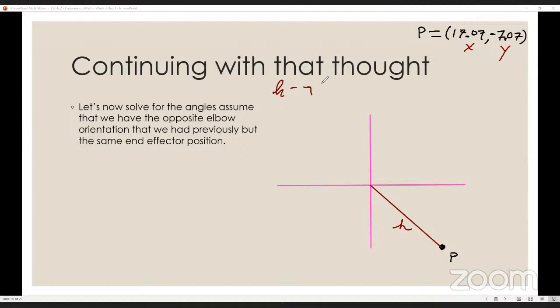H is equal to the square root of X squared plus Y squared. If we plug those in and crunch that number, we will get 18.48 centimeters. So from the origin out to P, the straight line distance is 18.48 centimeters.